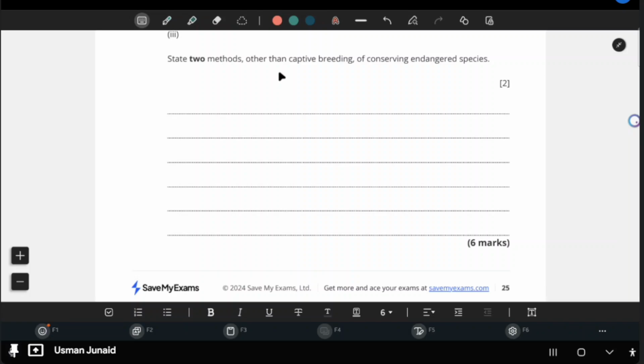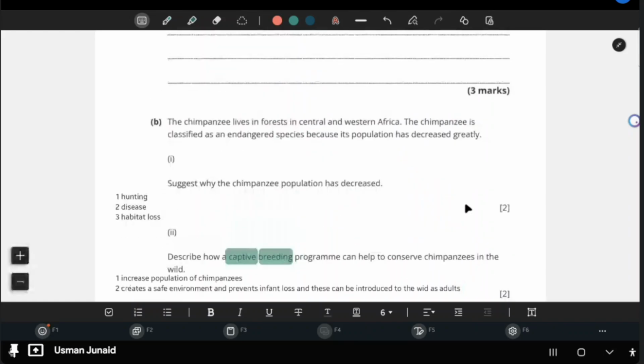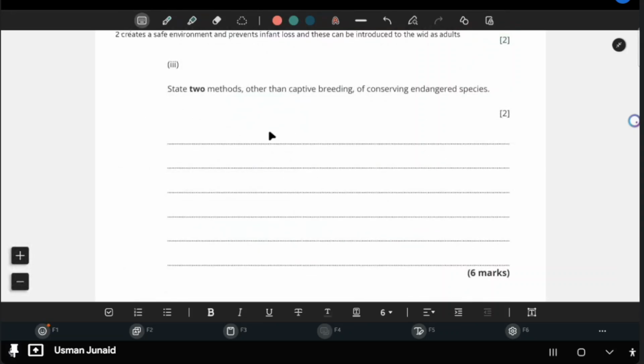State two methods other than captive breeding that can help conserve endangered species. Could you repeat the question? Two methods other than captive breeding that can help conserve endangered species. Protecting their habitat.